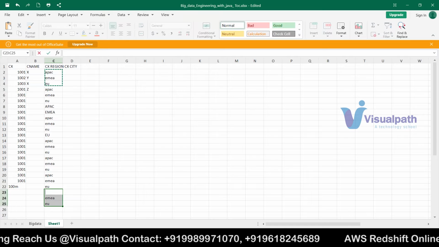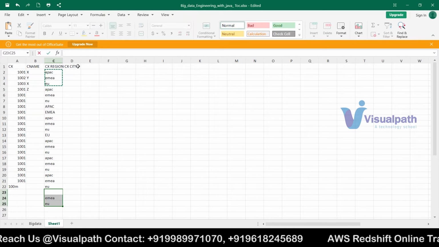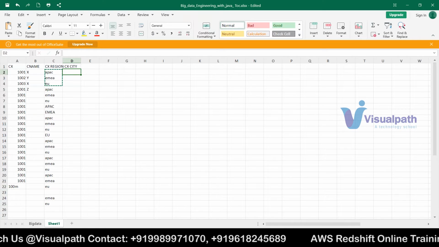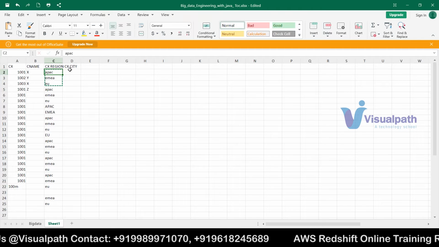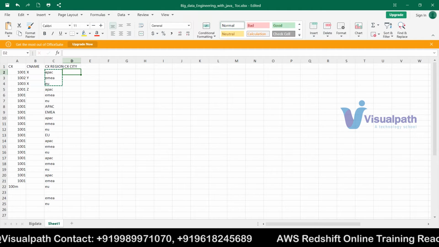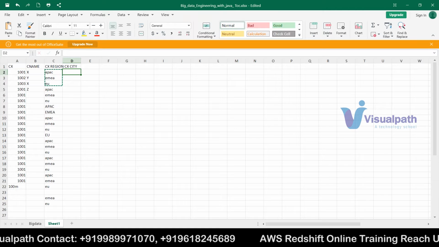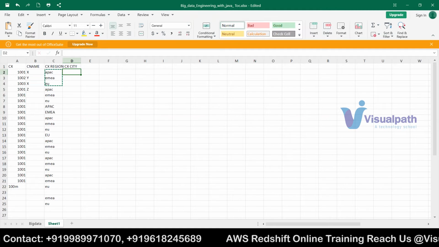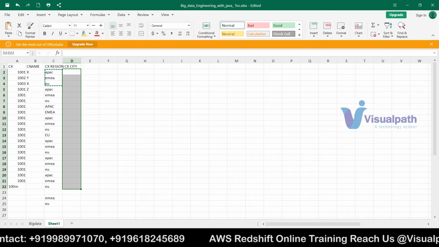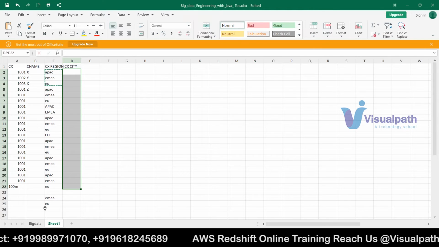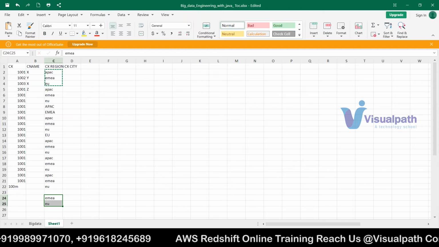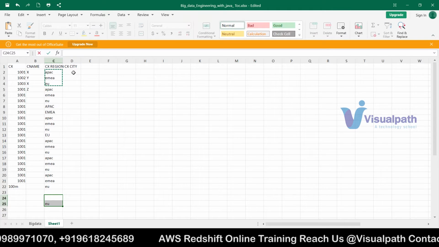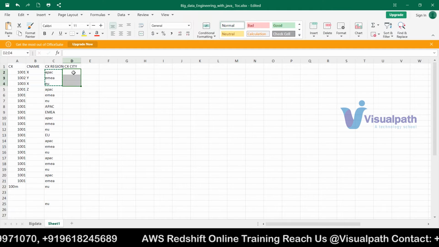All the records will have only these values. And cities are also the same. For example, each region has some 100 cities, then 5 regions, 5 into 100, 500 cities. So only those cities will repeat here. But the total number of records we have is 100 million. That means there are duplicates. This is called redundancy.